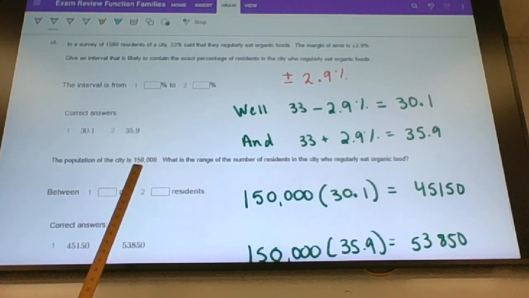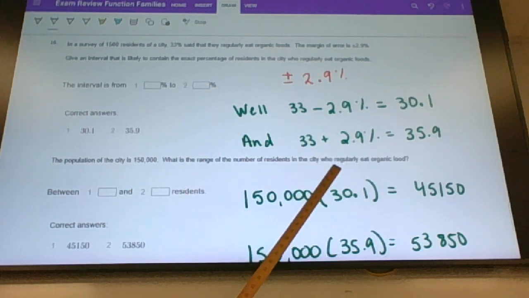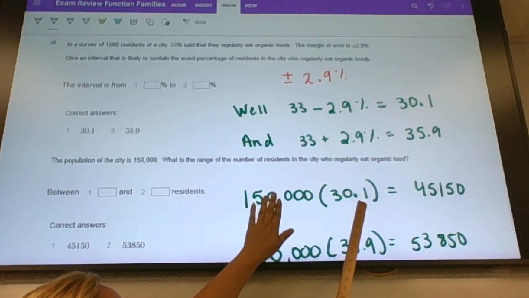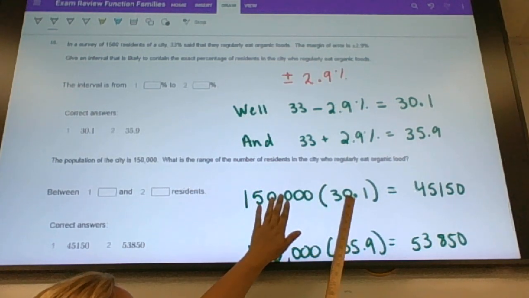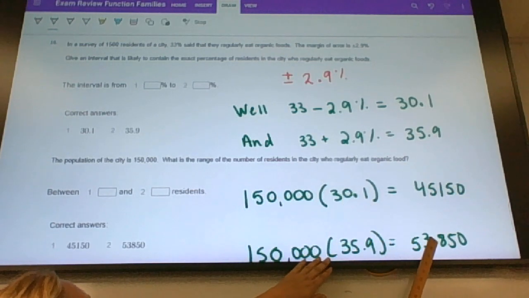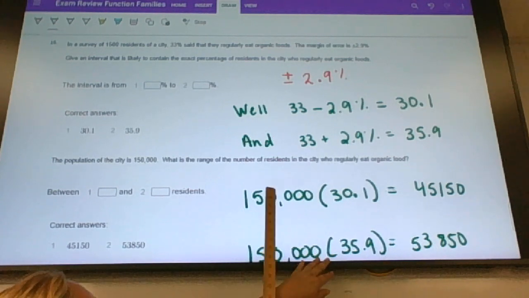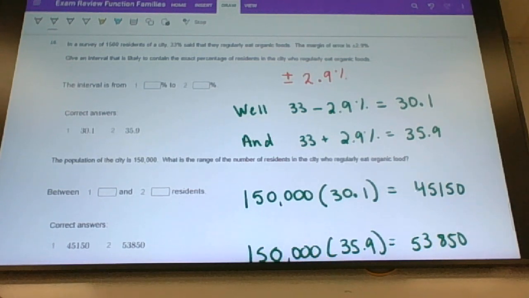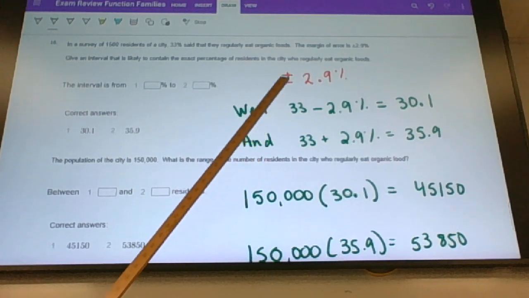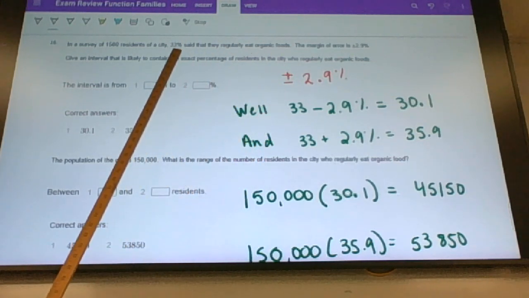So, if the population of the city is 150,000, what is the range who regularly eat? So you do 150,000 and you just multiply it by that percent. And then you get 45,150. So you're starting with 33%.